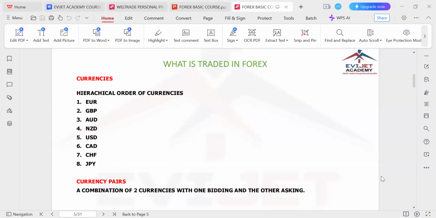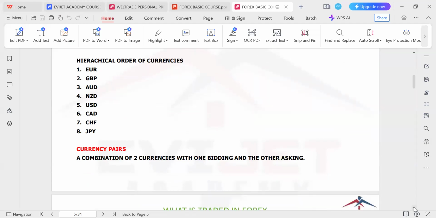So let's further look at currency pairs. A currency pair is a combination of two currencies with one bidding and the other asking. One is selling, the other is buying. That is just simple language.